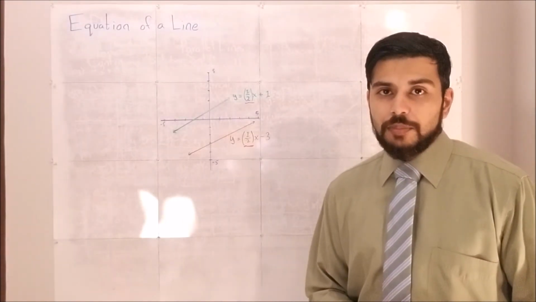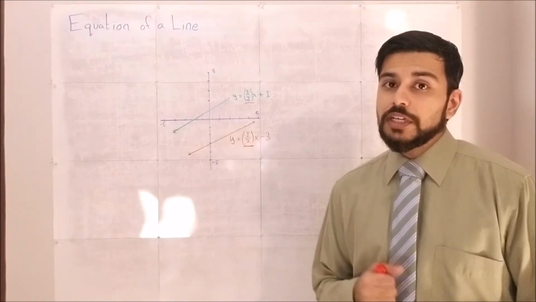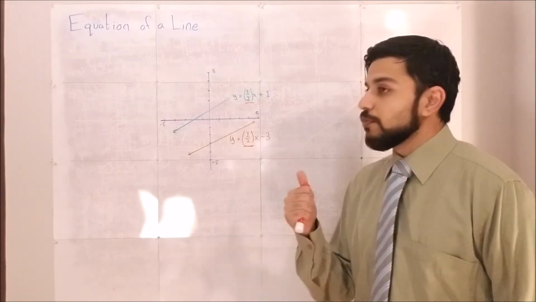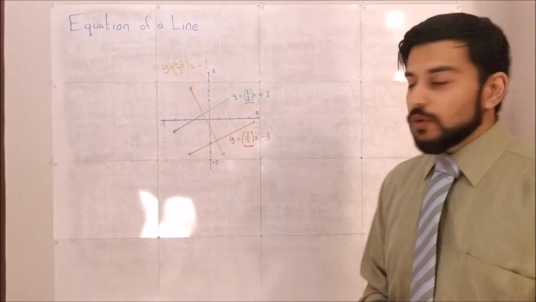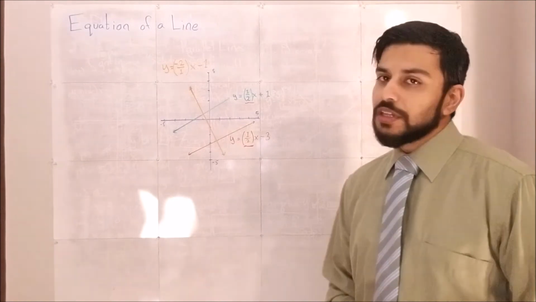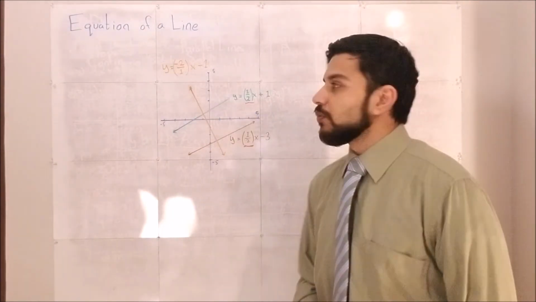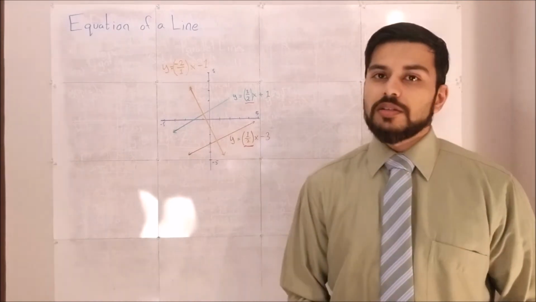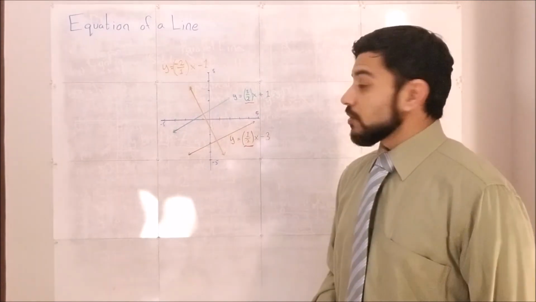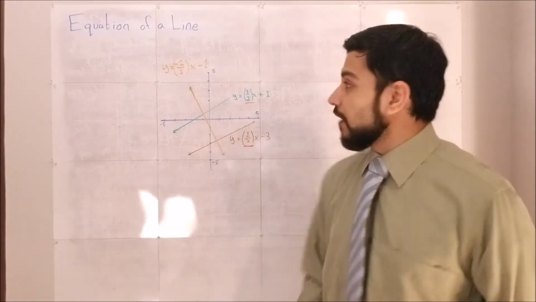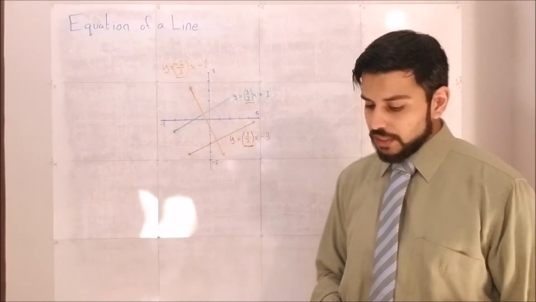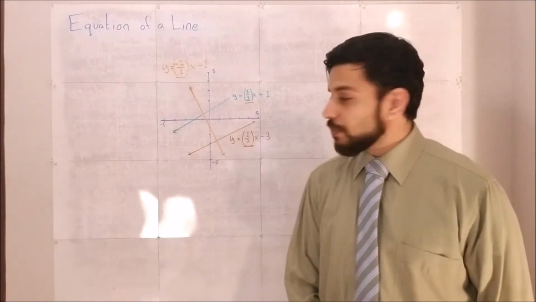Now watch what happens to the equation of a line when I draw the perpendicular one to both of these lines. Okay, so we've added this orange line, which is our perpendicular line, and the equation is up at the top here. Y equals minus 2 over 1 times x minus 1. Now the slope, as I mentioned, is attached to the x value, so that's right over here. And you'll notice that it is a negative reciprocal.